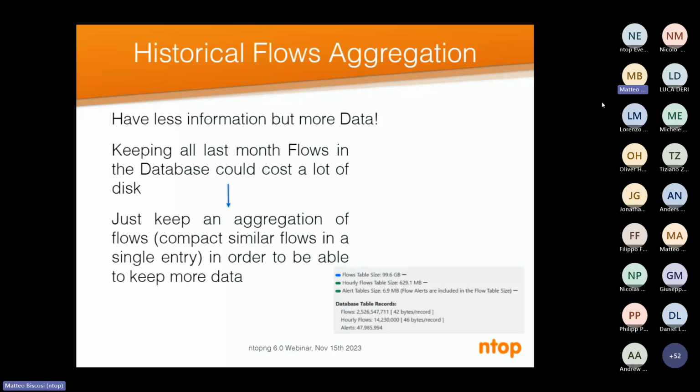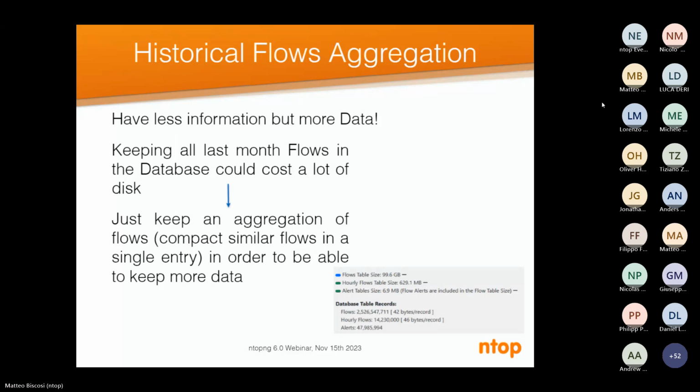So in order to have more history and more flows about, I don't know, 2 or 3 months ago, we decided to aggregate all those flows into what we called an hourly flows table. In this way, we reduce a lot the disk usage of ClickHouse for the historical flows.